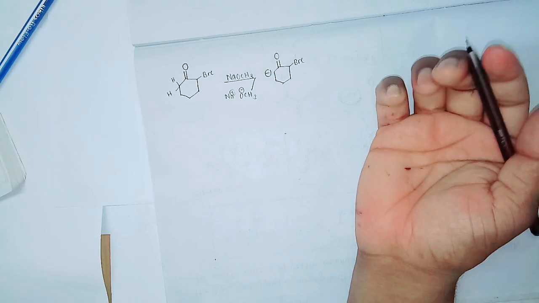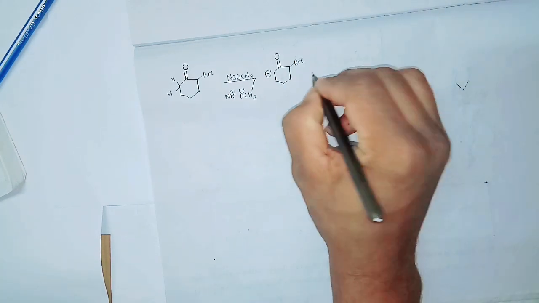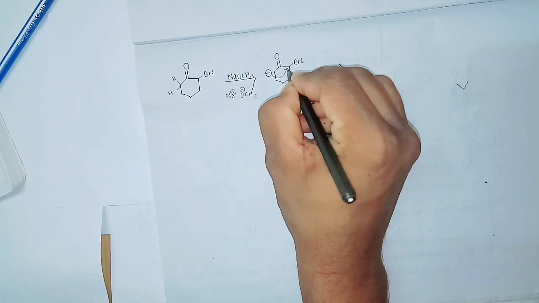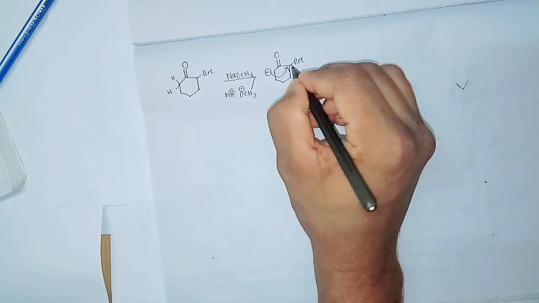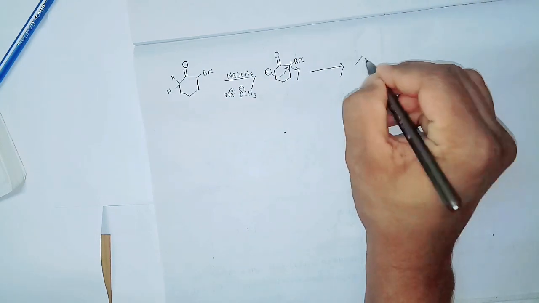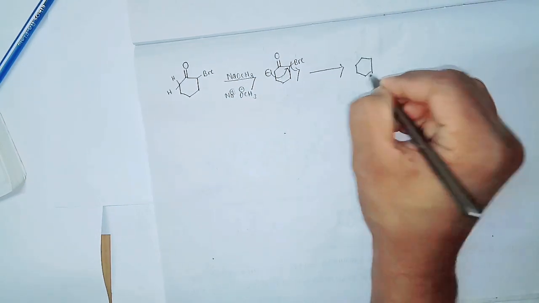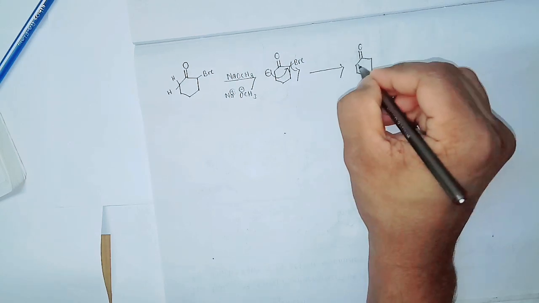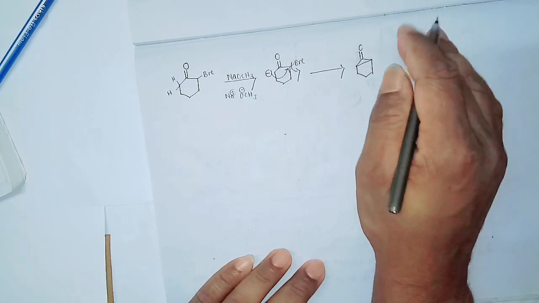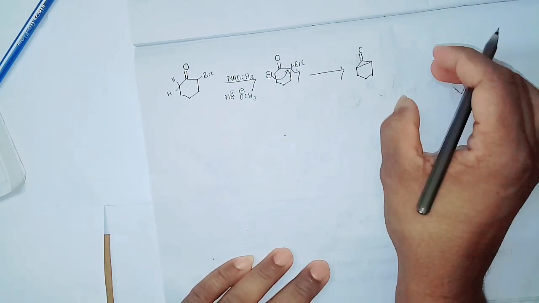Then this negative charge will attack this halogen center and the halogen group will be removed. Then finally we get a cyclopropane ring.